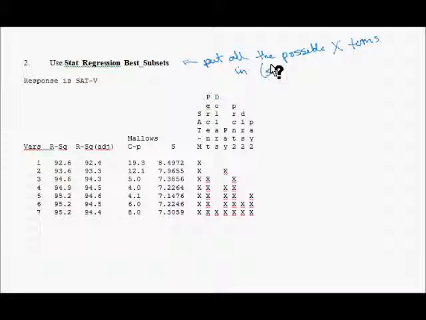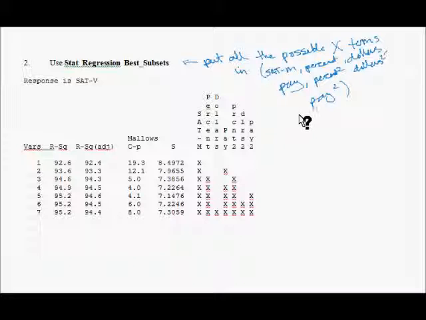We have ST math, we have percent, we have dollars, we have pay, and we also have our squared terms. We have percent squared, we have dollars squared, and we have pay squared.